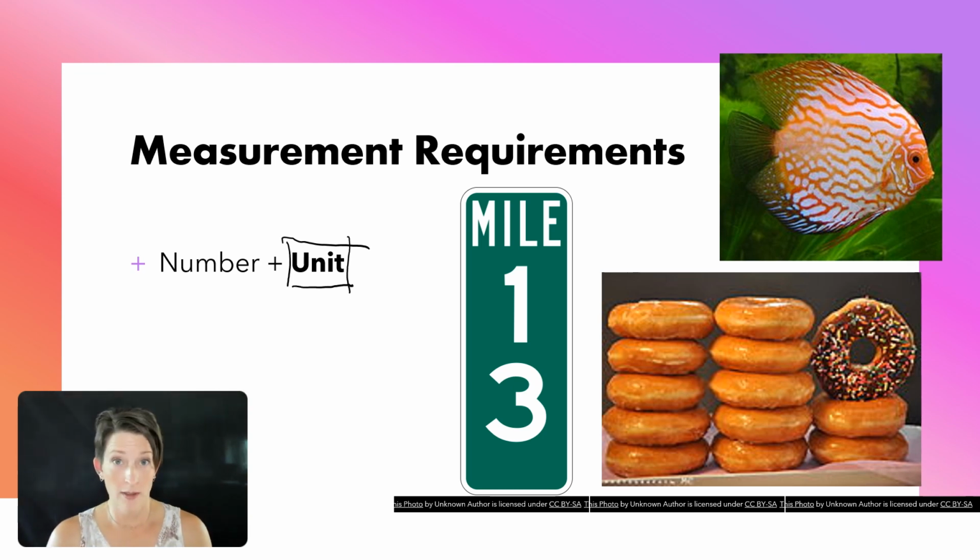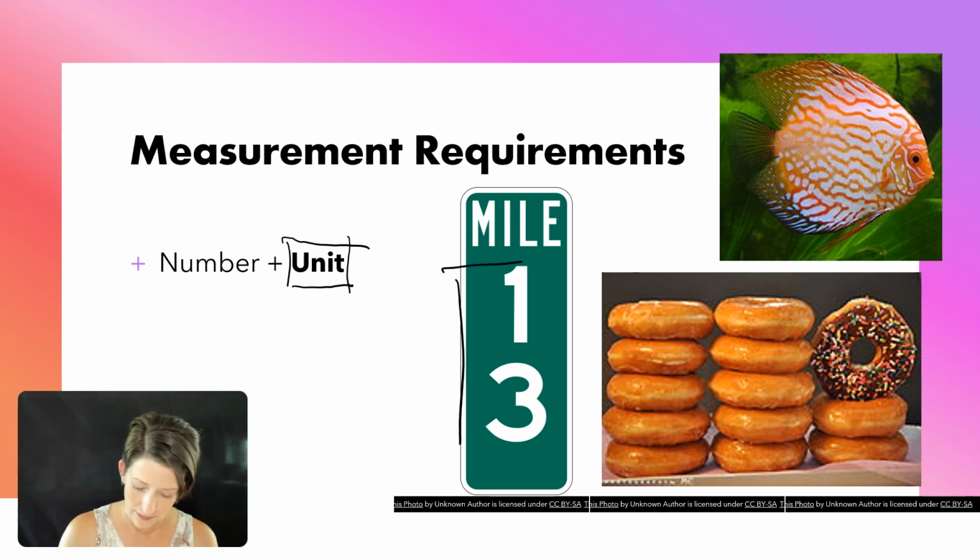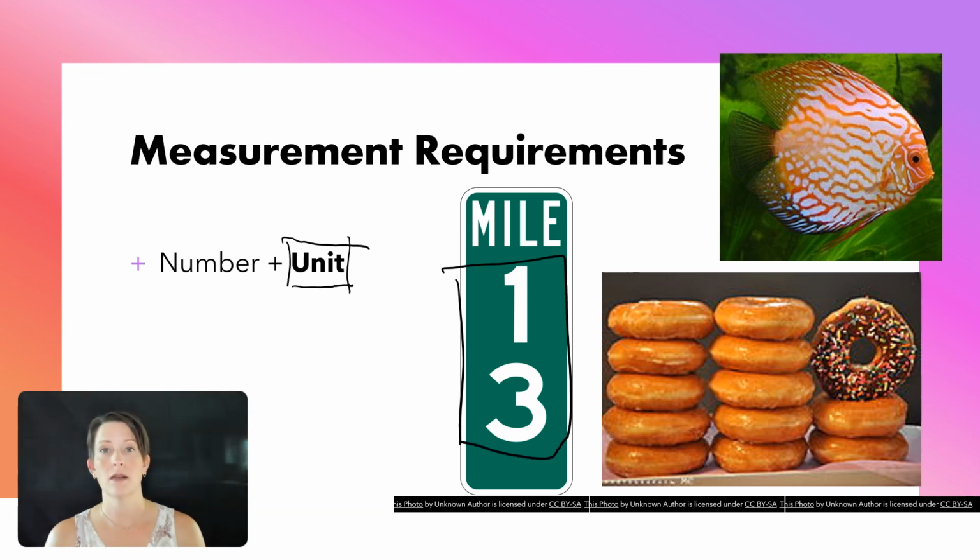A number, just a number, we don't know what it's being associated with. And that can be a problem when we're trying to determine a measurement. A measurement tells us what we are directly measuring, what that number is associated with. Take the number 13. If I just tell you 13, you may not know what we're associating with it.